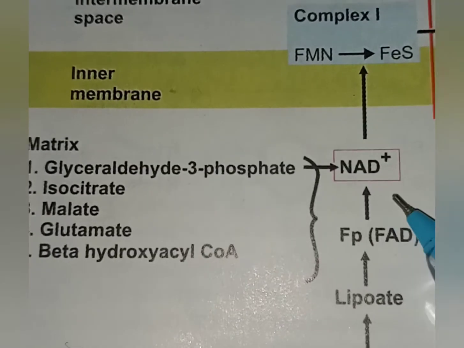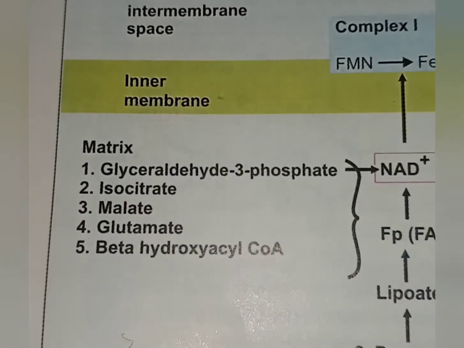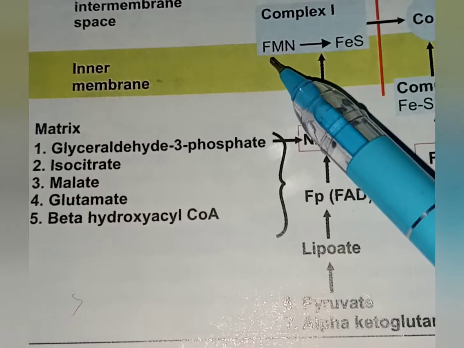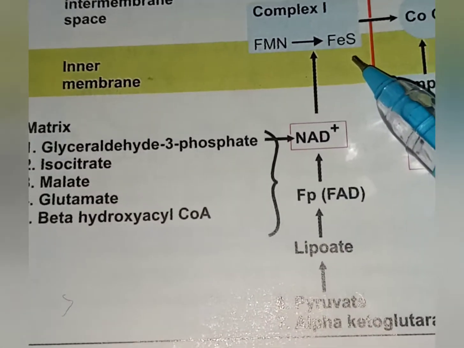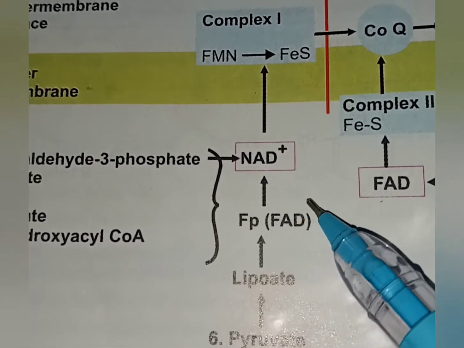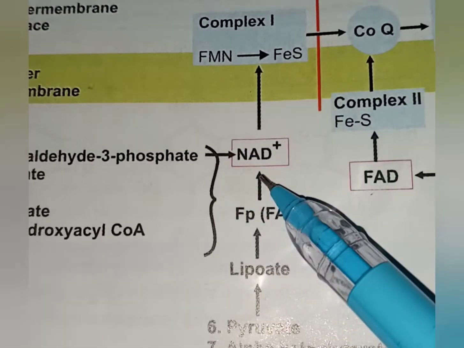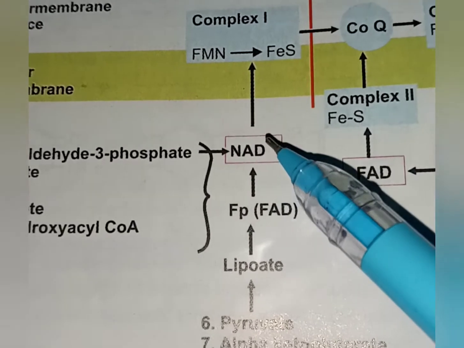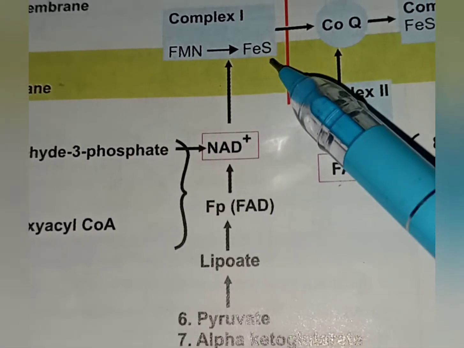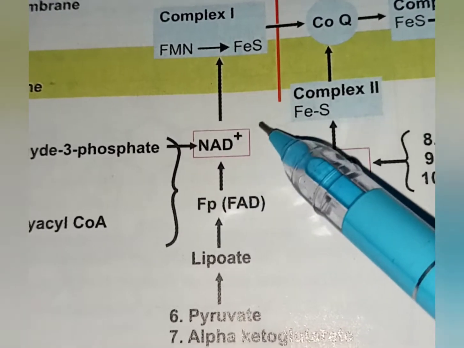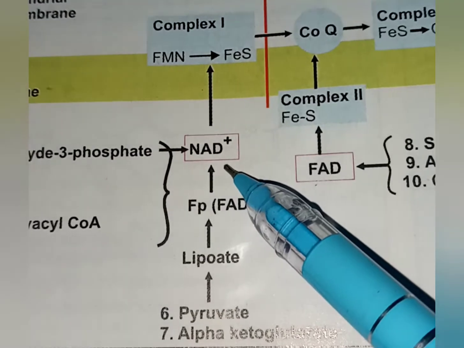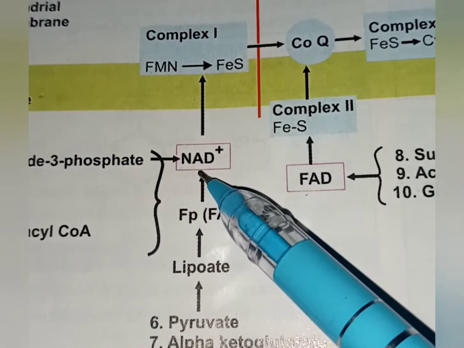As you can see, FMN is getting converted to FMNH2, and this is NAD plus. Now NAD plus is going to facilitate this reaction, and hence you know that one molecule of NADH produces 3 molecules of ATP.